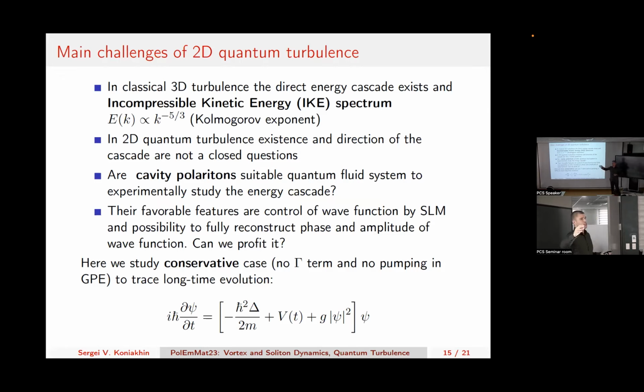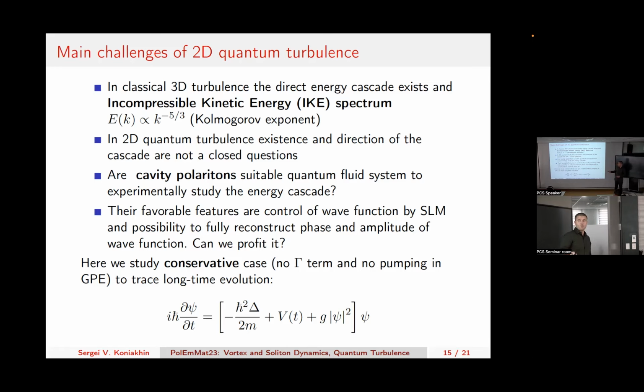Because in 3D turbulence we inject energy at some large scales, and then this large-scale fluid motion goes to lower and lower scales, up to the very small scale where the energy is dissipated. So the question is about the existence of a similar cascade in 2D and about the applicability of polaritons to somehow contribute to the field of quantum turbulence.